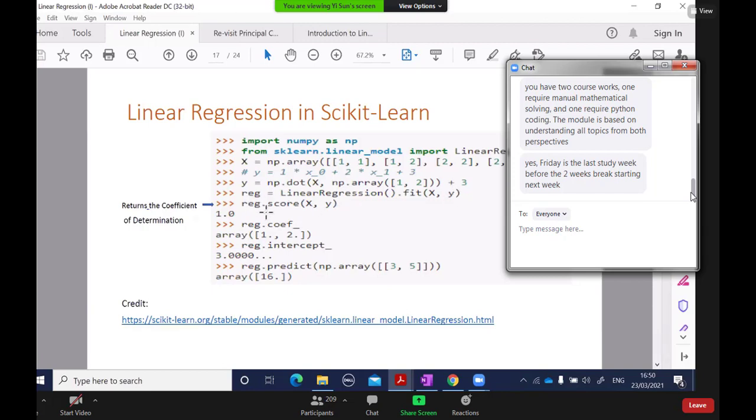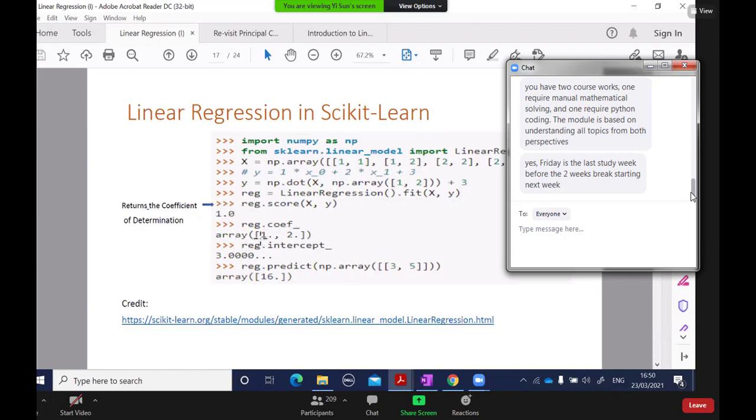What does this score return to us? It returns the coefficient of determination. Because the data is tested on itself, we got a perfect fit of 1.